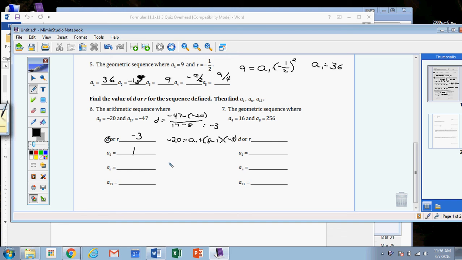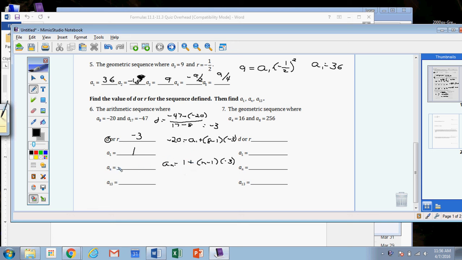Well, now we can find our nth term formula just by plugging this information back into our a sub n formula, right? So we know a sub n equals our first term, which is 1, plus our n minus 1, all times negative 3.